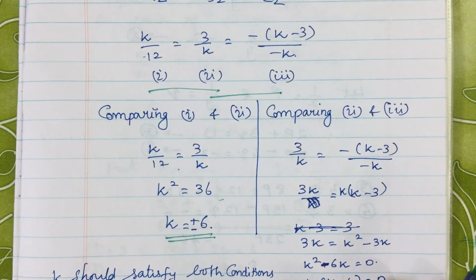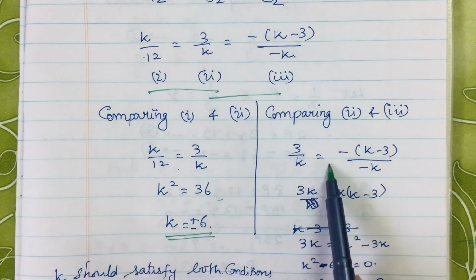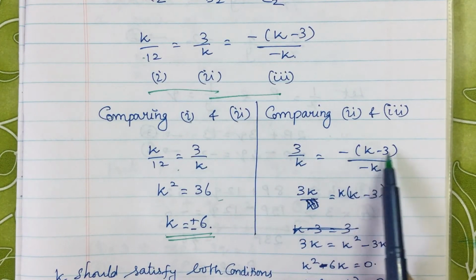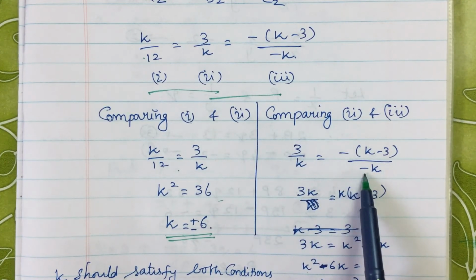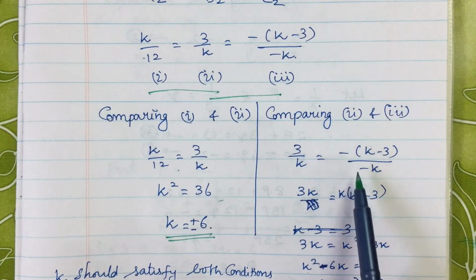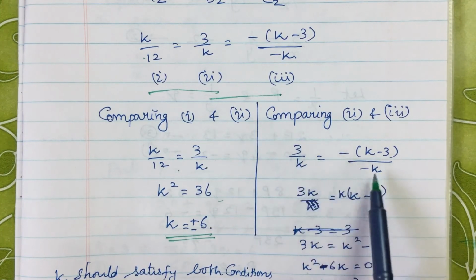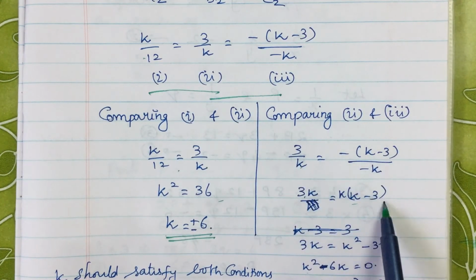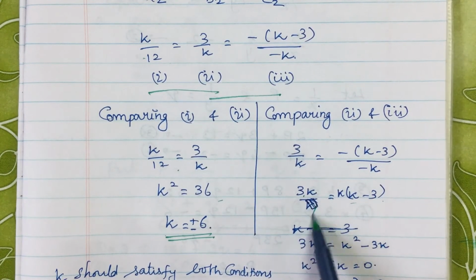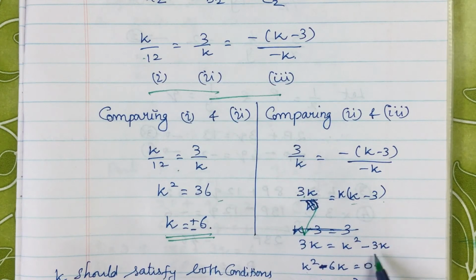Similarly, comparing 2 and 3, 3 by k is equal to minus (k minus 3) by minus k. On cross multiplying, the minus will go off first because it is present in the numerator and denominator. Then if you cross multiply, you will get 3k, and here it is k into (k minus 3). If you expand this side, it is k square minus 3k.